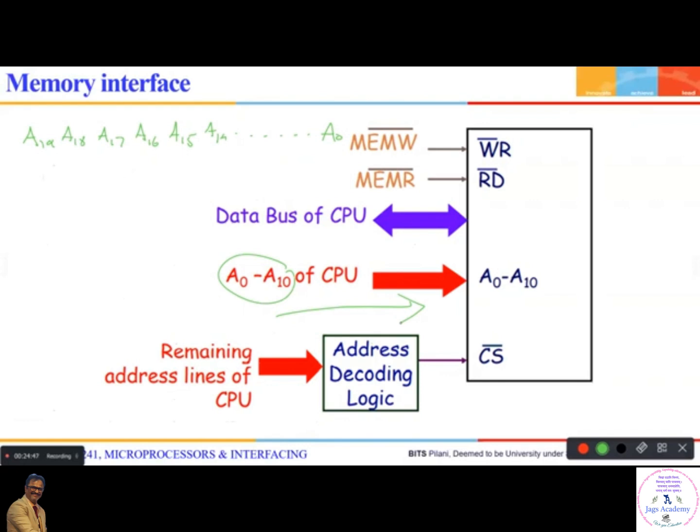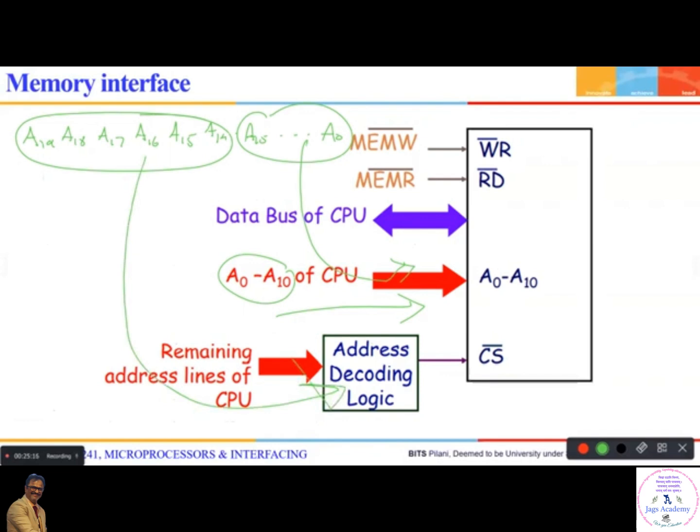Now we are going to use the address lines of the microprocessor to interface this memory. A0 to A10 will be directly connected to the address lines of the memory. The remaining address lines, A14 to A19, are given as input to the address decoding logic, because you have to make use of the entire address.